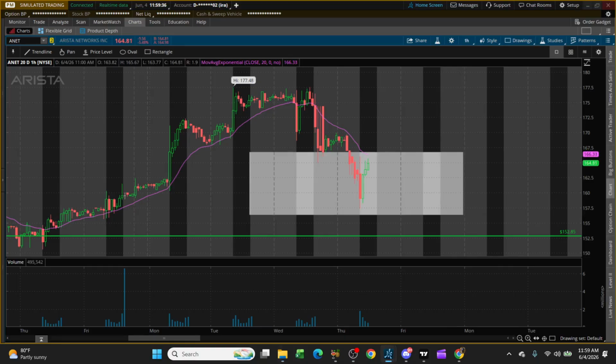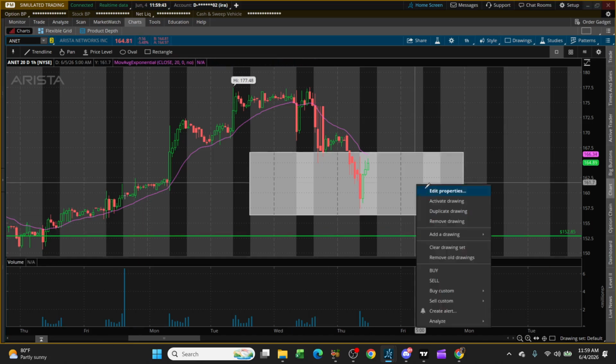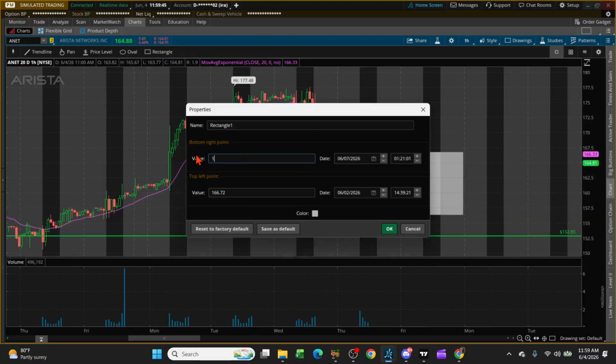Let me give you accurate numbers. 162.75 to about 154. I like to be accurate with it. 154.11. It was in weekly and daily resistance.